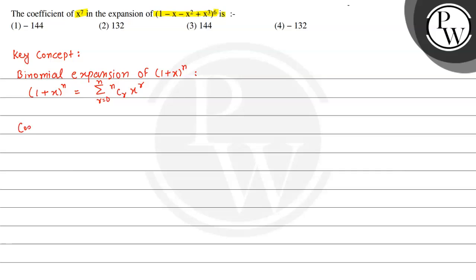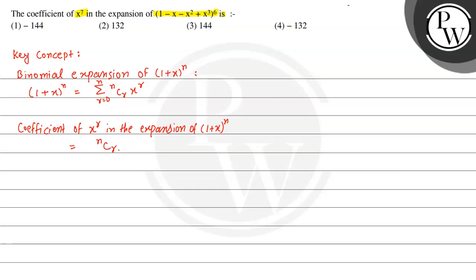Also, the coefficient of x^r in the expansion of (1 + x)^n is nCr. So we will use this concept here to solve this question.